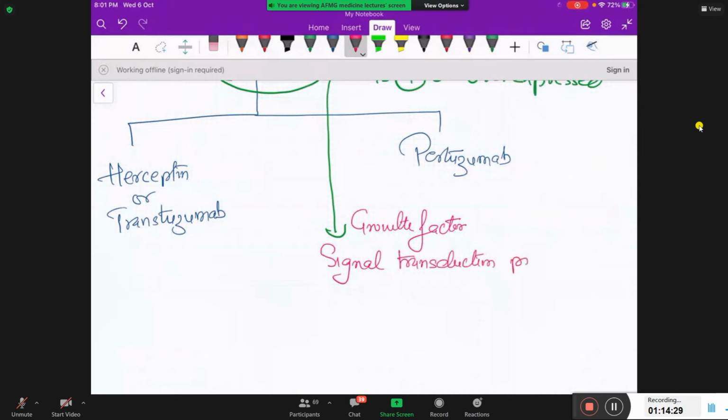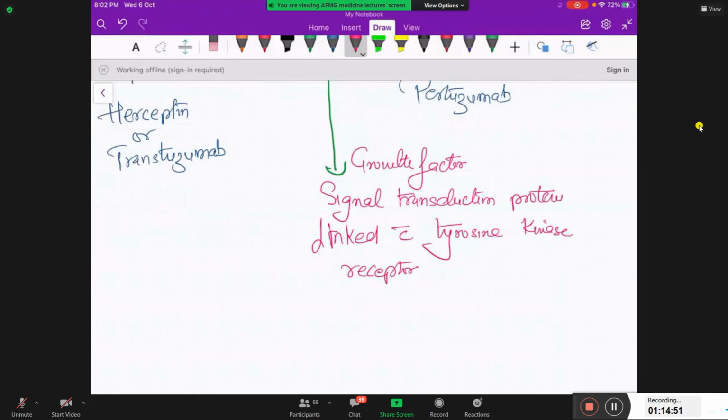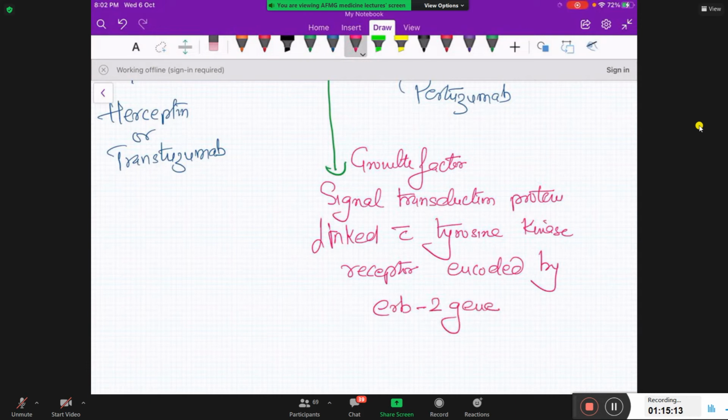It is a signal transduction protein linked with tyrosine kinase receptor, encoded by a c-erbB2 gene.